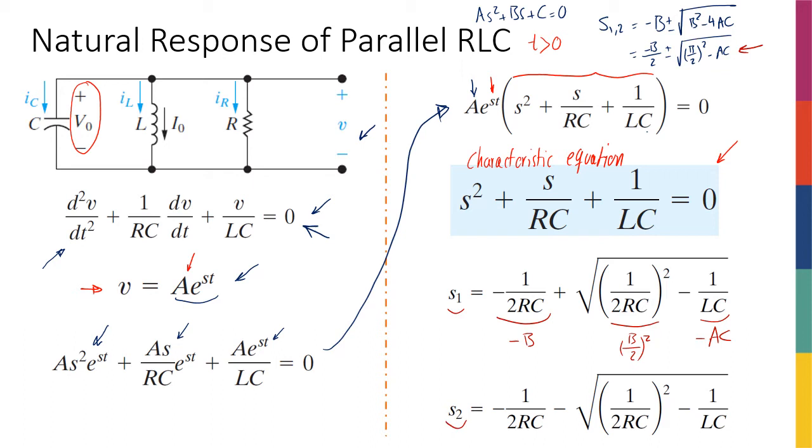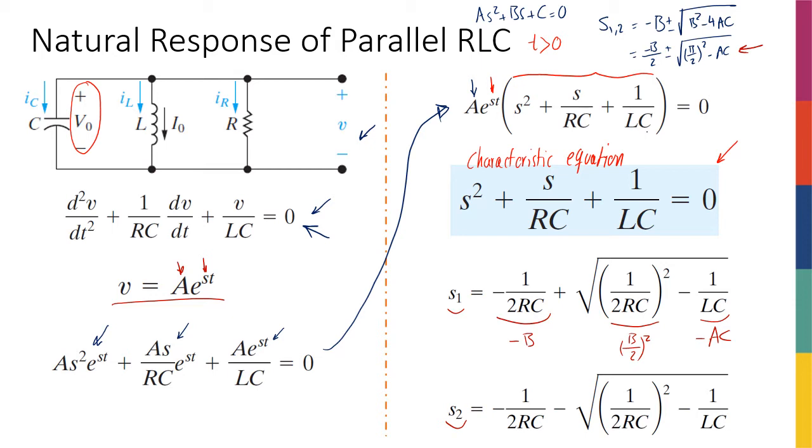So I just solve the characteristic equation. I found the s1 and s2. Remember when I decided that the answer to my differential equation has this form, I said that I have two constants, A and s, and I have to find those constants. I just found the answer to s. So I have two different answers for s, s1 and s2, right?